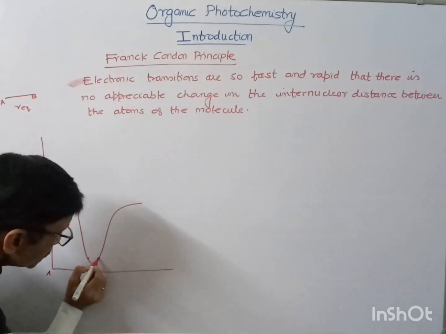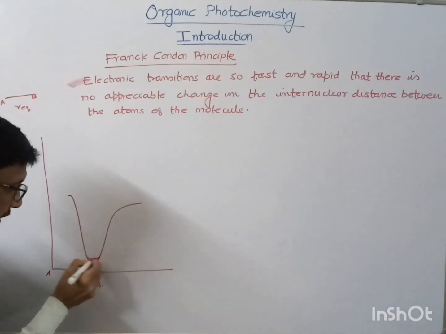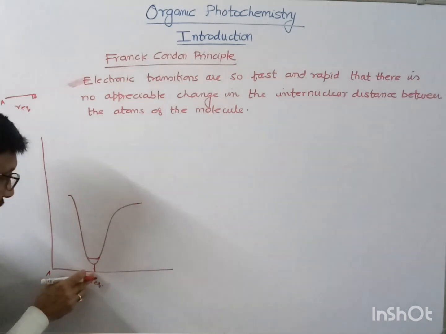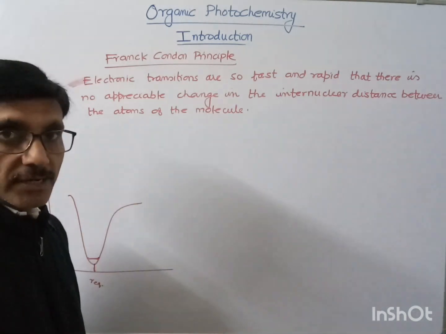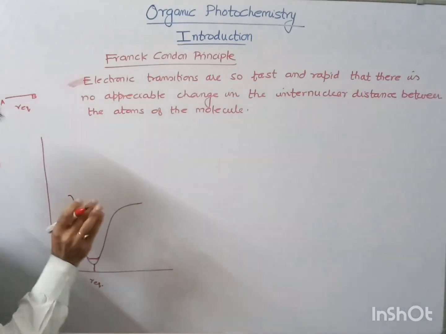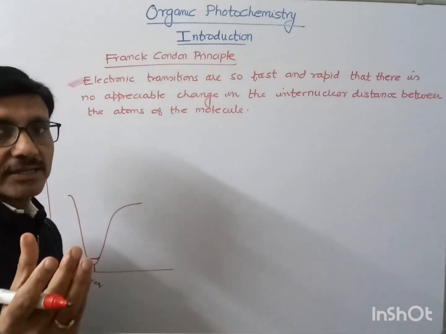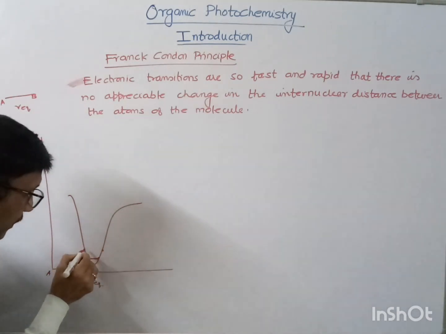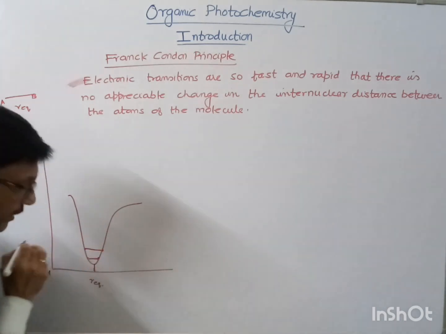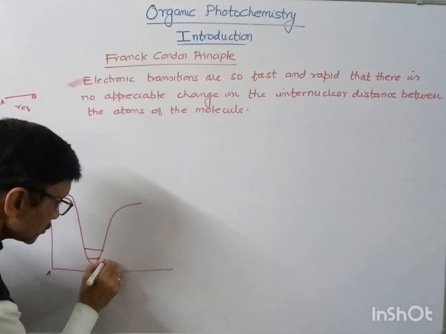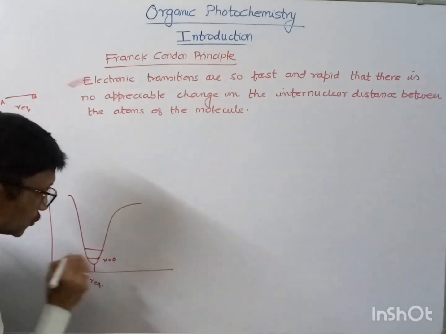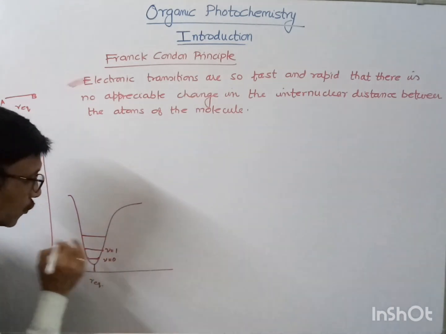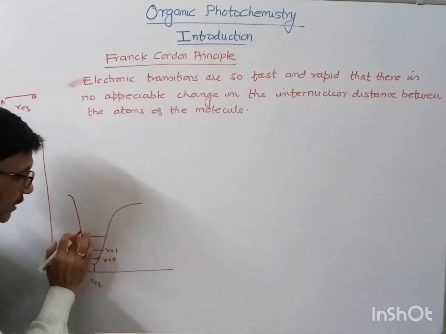This is the equivalent bond distance. After absorbing a little more energy, the bond length again expands and then compresses, coming to the next vibrational state. Suppose this is vibrational state 0 and the next is 1. After absorbing more energy it goes over here, expands, then relaxes back to its position.